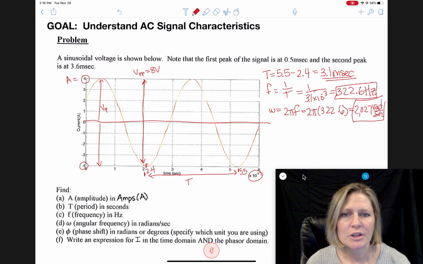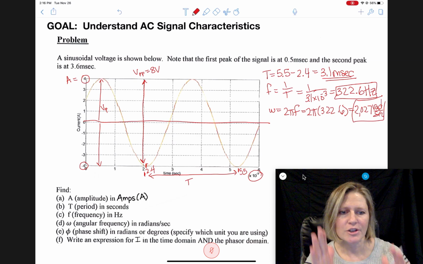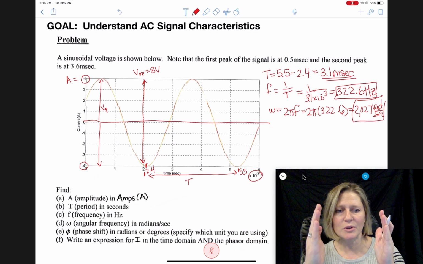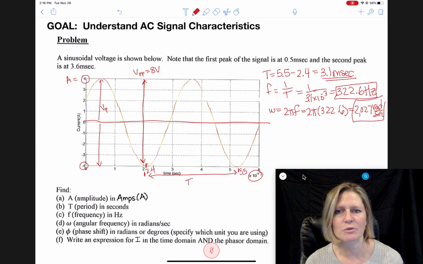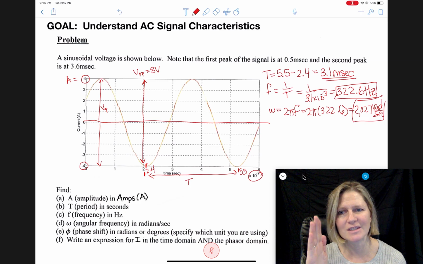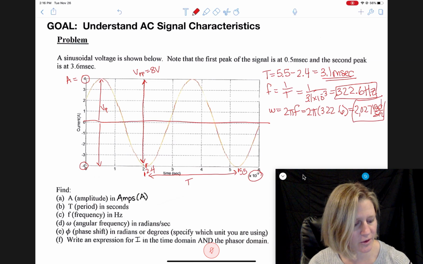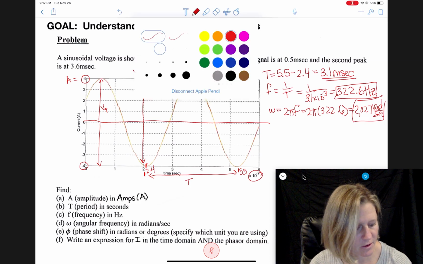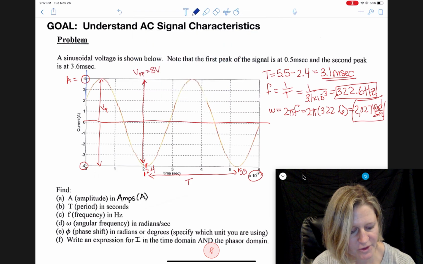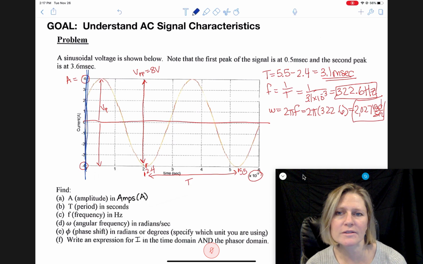The other thing we need to know is the phase shift. A phase shift is in comparison to an input signal. If this is our output signal, we can compare the two. If it is not drawn on a graph, then we're assuming that the input starts at 0. So this axis over here, we will say this is our 0 time in comparing to this signal.